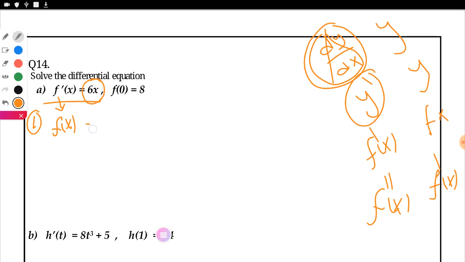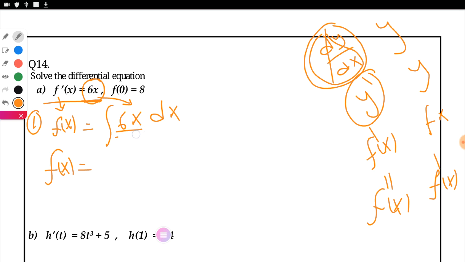Okay, here, how to find the antiderivative of the right hand side? We use the process which is integration with respect to the variable of this function, which is x. I have to integrate the right hand side to find the antiderivative of it. So, in this case, f x will be what?